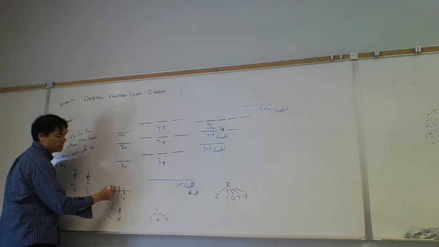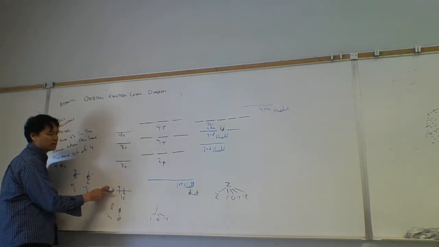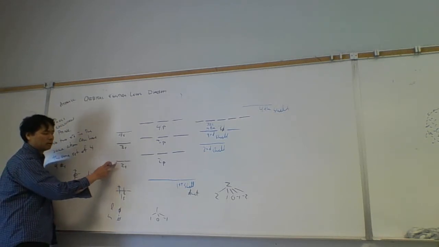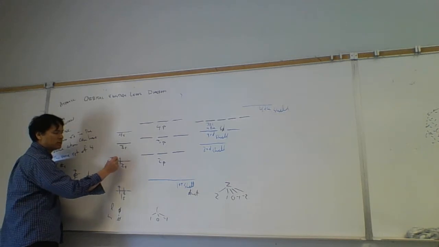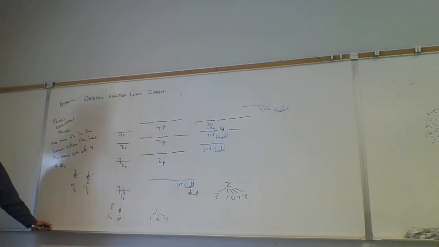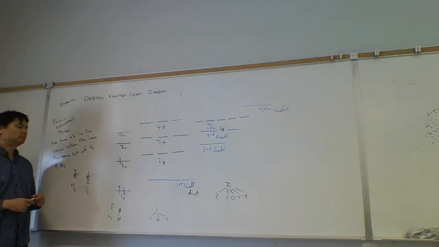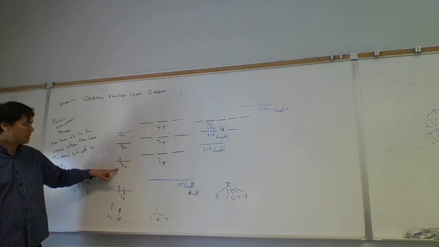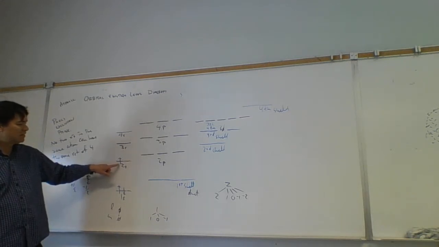So helium is quite stable, but what about lithium? Lithium has 3 electrons. The third electron's got to go here in the 2s. It doesn't matter if it's spin up or spin down, put it spin up for convenience. So lithium, well, it turns out when we fill these shells, it's pretty stable. But if we look at lithium, it's got this lone electron in the 2s. What can lithium do?